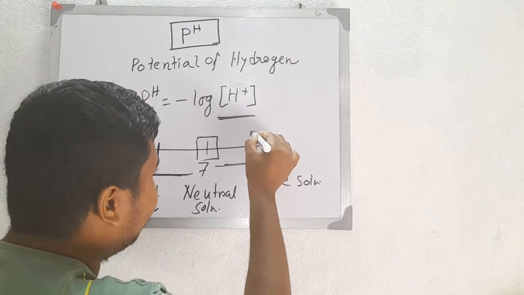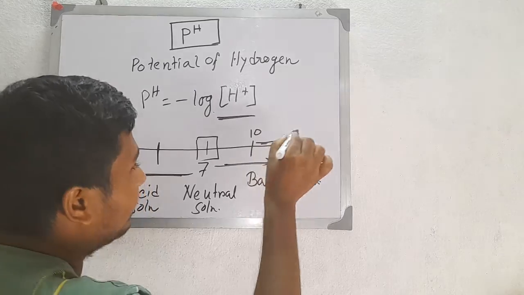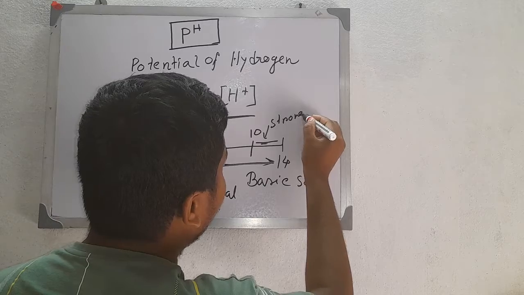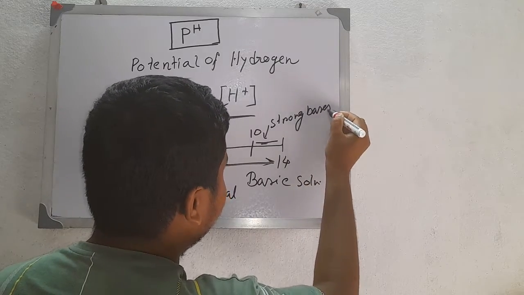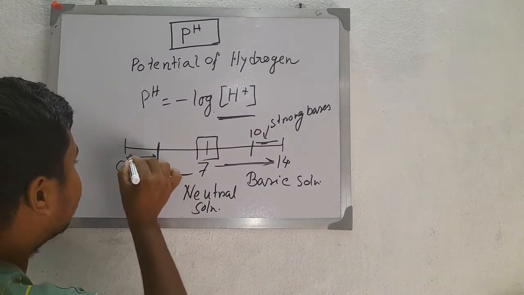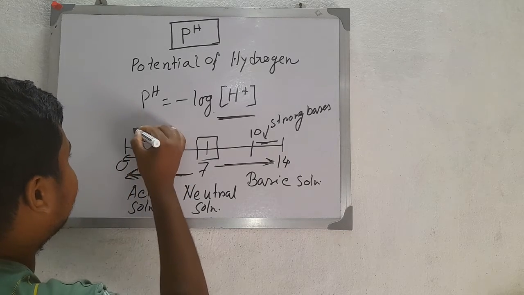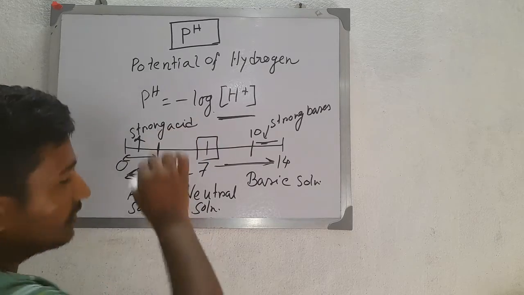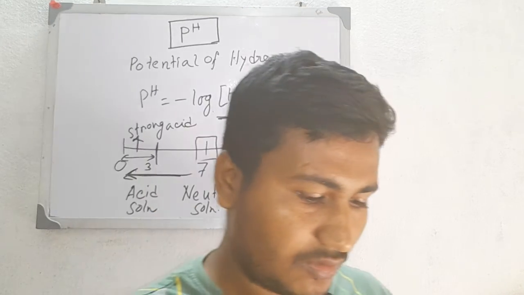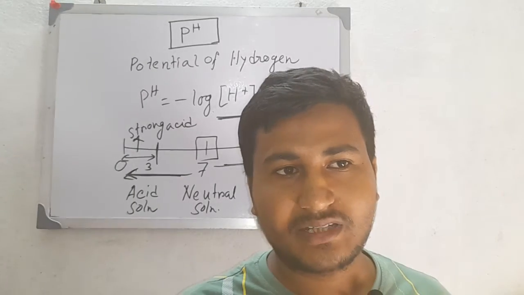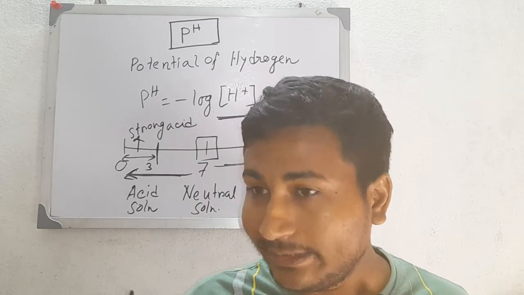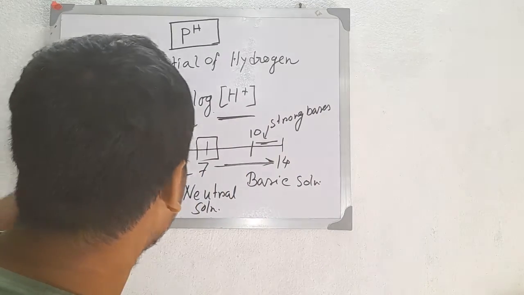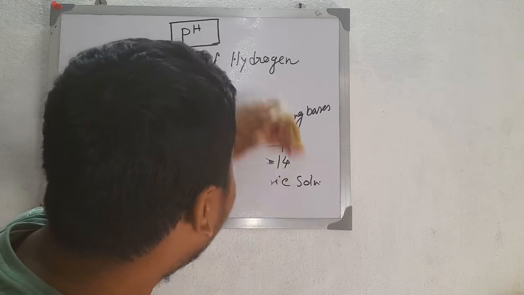So from 10 to 14, they are strong bases, and 0 to 3 strong acids. Now we give examples of some strong acids, and then we want to show how we determine or calculate the value of pH.